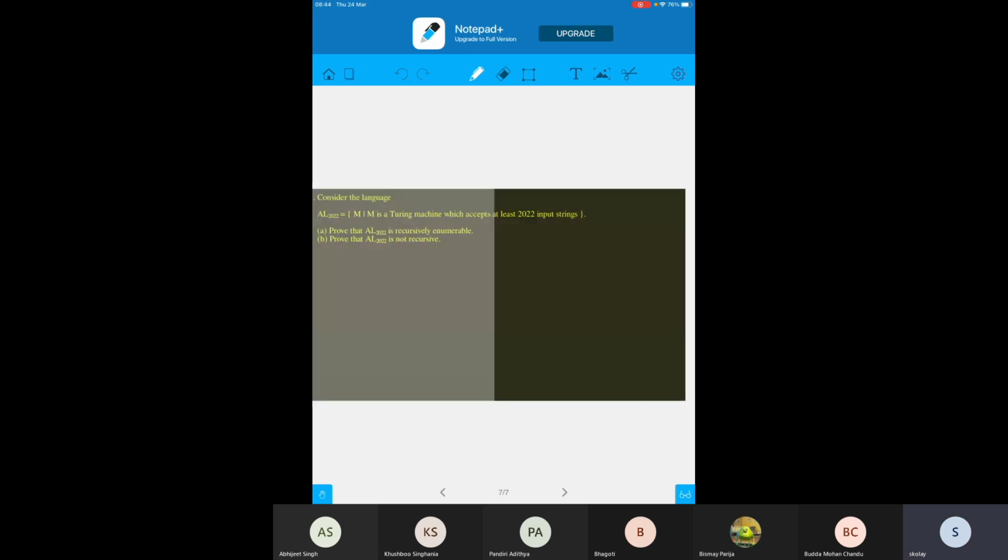Okay, then let's try one more problem. You are given the problem of whether a Turing machine M on a given input X re-enters its start state. The question is whether this is undecidable. So let this problem be called pi.